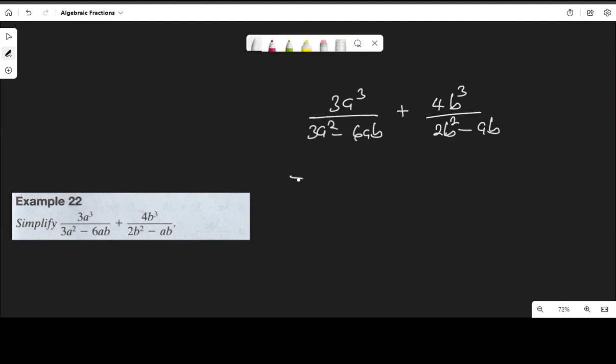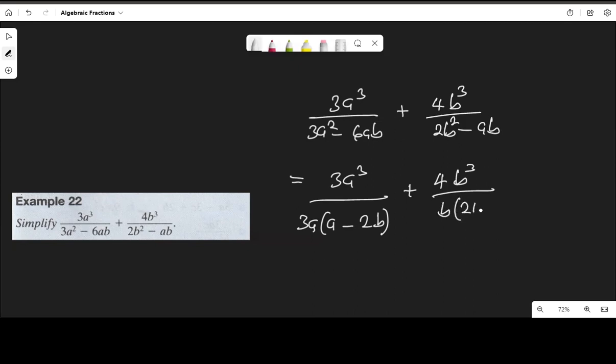So this will be 3a cubed over, in this expression here, 3a is common to the two terms. If I factor it out, 3a into a minus 2b, plus 4b cubed over, again, here we have a common factor which is b into 2b minus a.